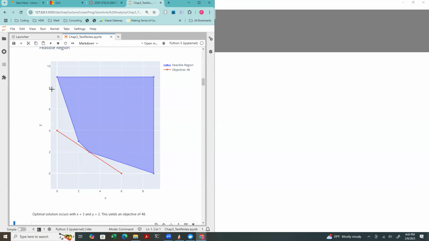And so one of the things we would intuitively know is that as long as the slope of this red line segment is between the slope of this line and the slope of this line, then we kind of rock, if you will, about that point, kind of pivot, and the optimal solution remains the same.